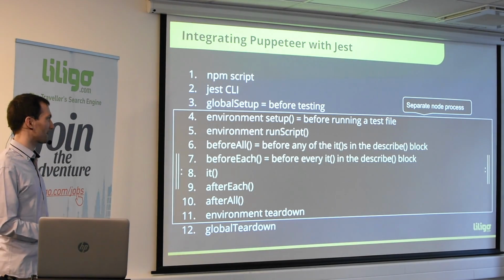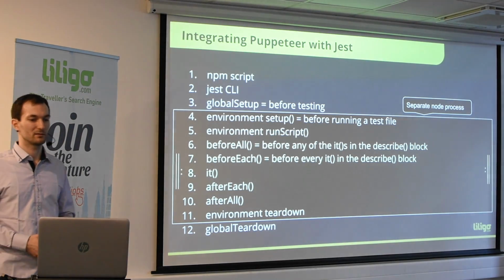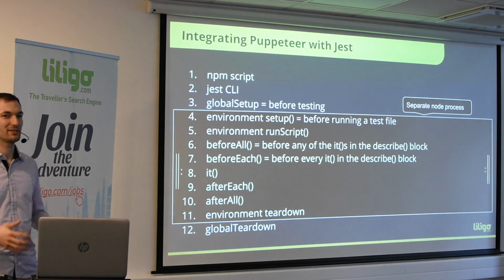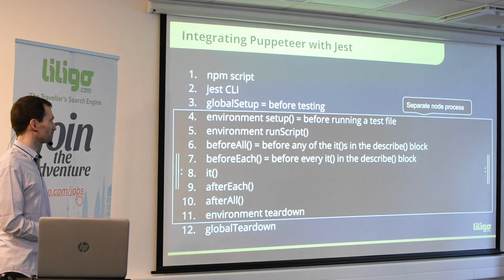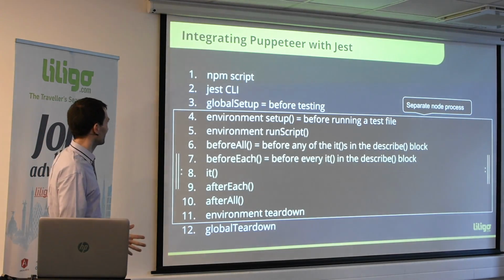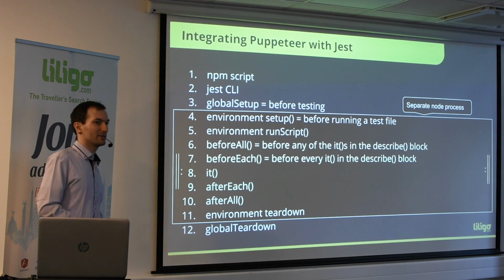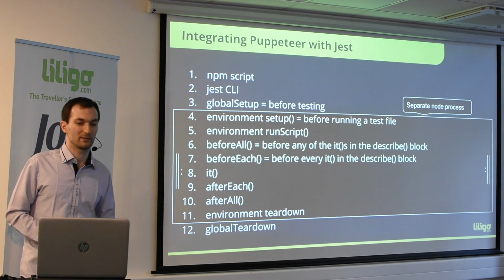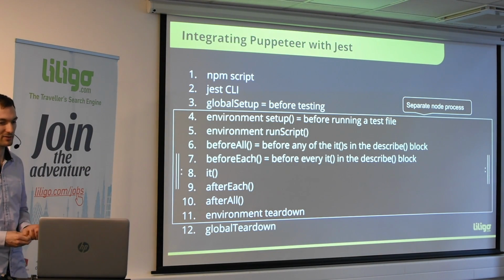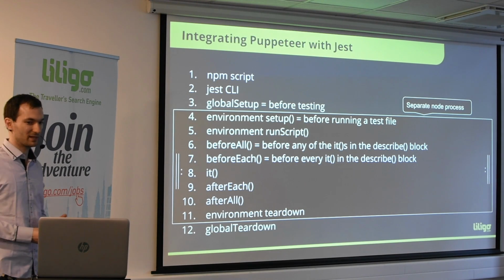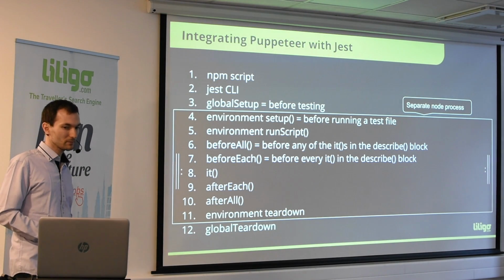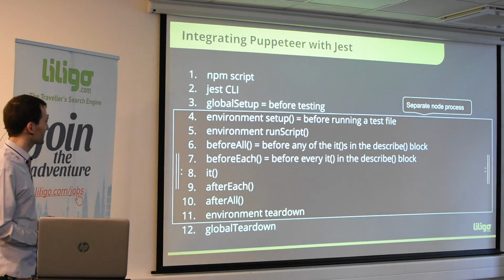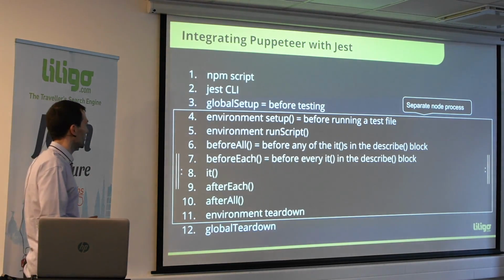Here are the steps of the processes that get run and where you can tweak into Jest. Through a test run, it all starts with an npm script that calls a JavaScript file. That JavaScript file is going to run the Jest CLI. The next step is Jest's global setup.